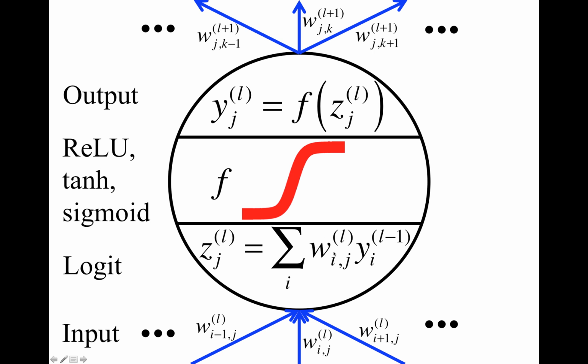So the connection is between layer L minus 1 and L, and it's connecting the ith neuron in the (L minus 1)th layer and the jth neuron in the L-th layer.